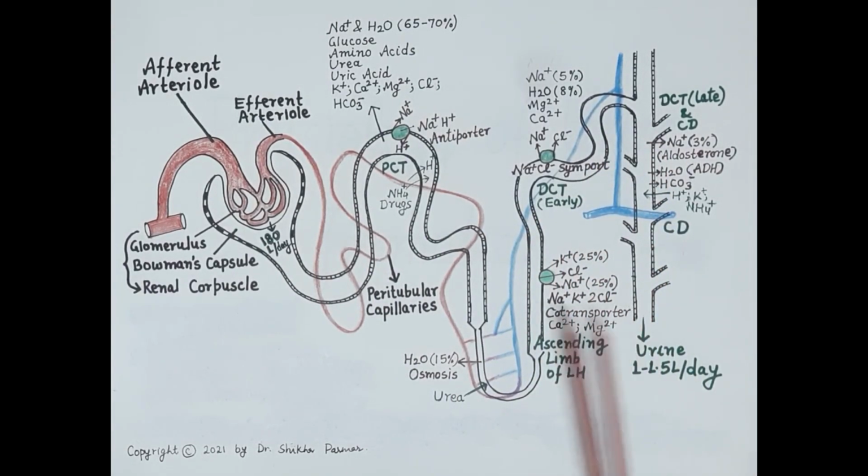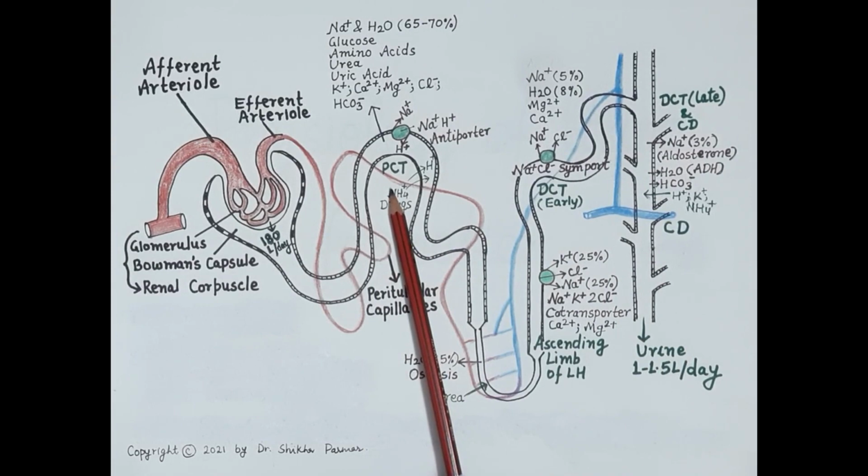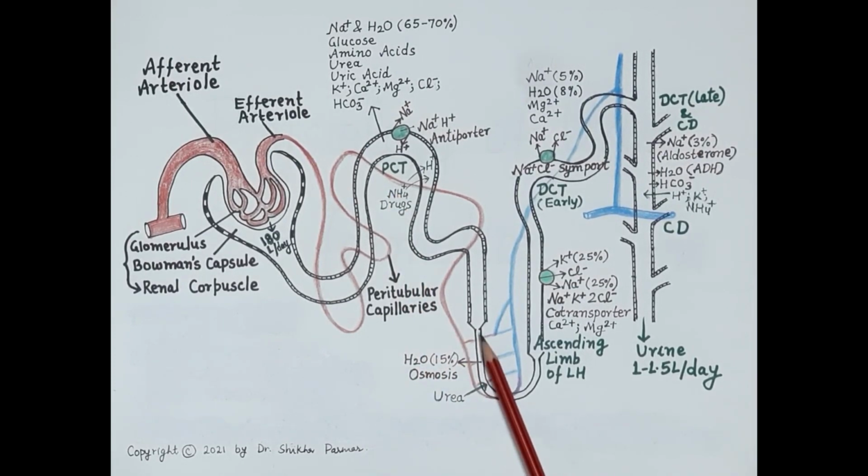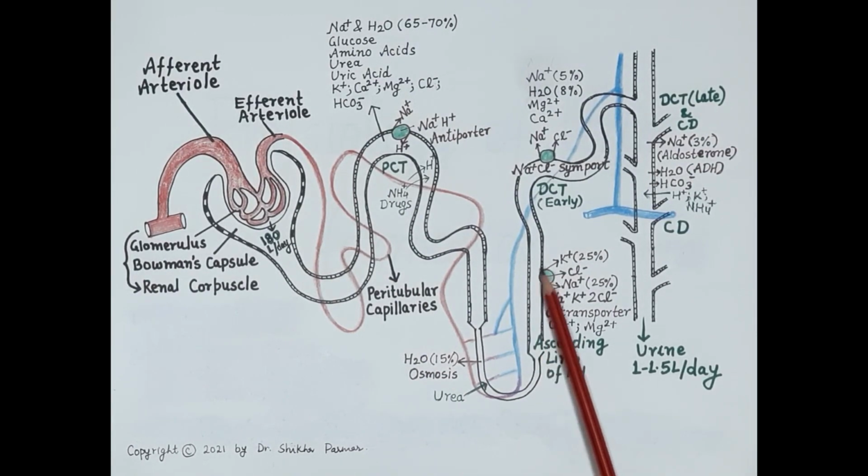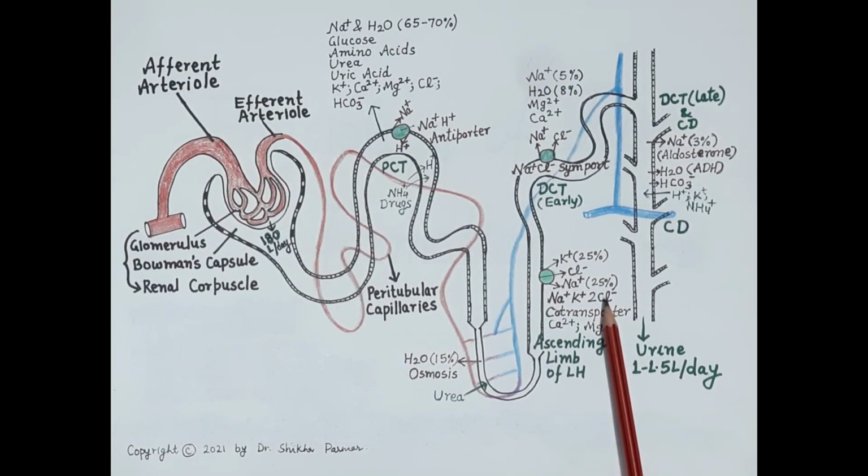At different sites like the proximal convoluted tubule, here 65 to 70% of sodium and water is reabsorbed. Then this is the descending loop of Henle, here 15% of water is reabsorbed. This is the ascending limb of loop of Henle, here around 25% of sodium is reabsorbed.